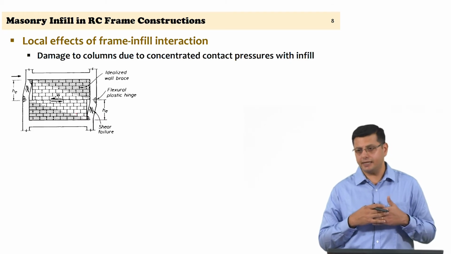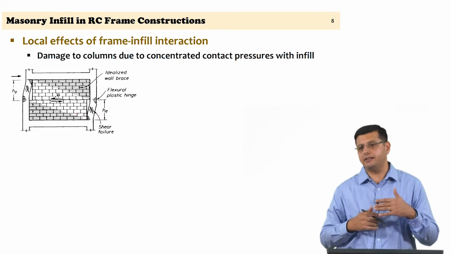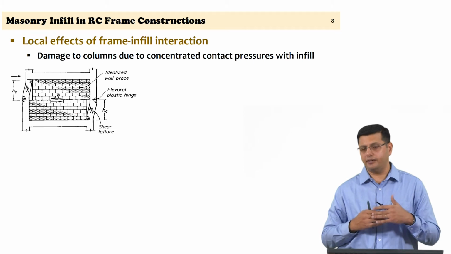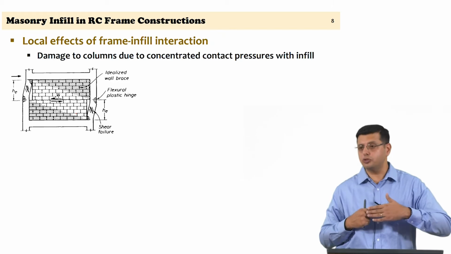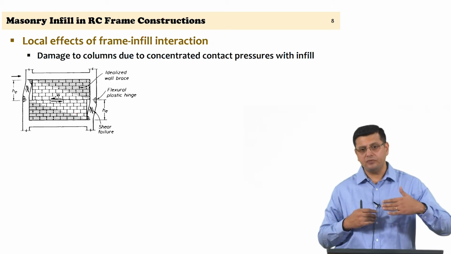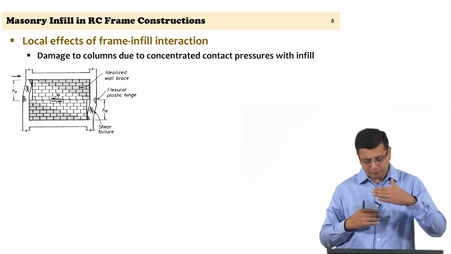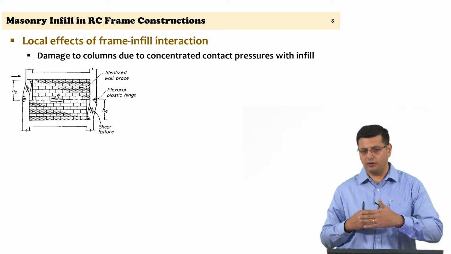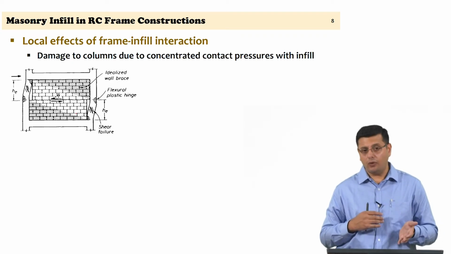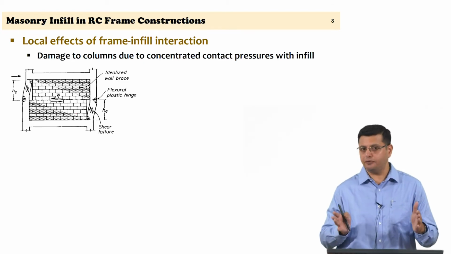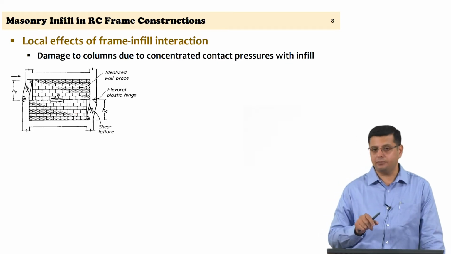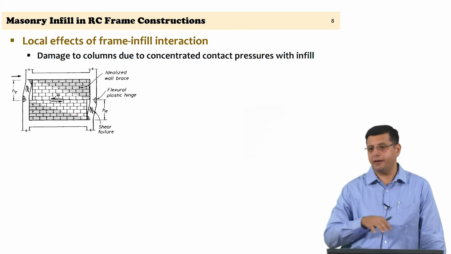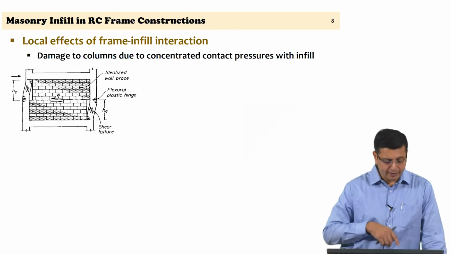We considered shear sliding typically to occur in a masonry wall, in an unreinforced masonry shear wall at the lowermost courses, right. It can happen at the lowest course or one of the lower courses. However, here, because of the deformation of the panel and the deformation of the frame and the contact pressures, you should expect the shear sliding to occur at mid height.